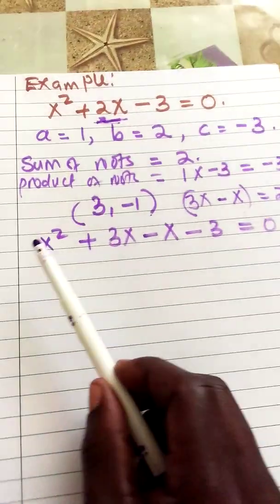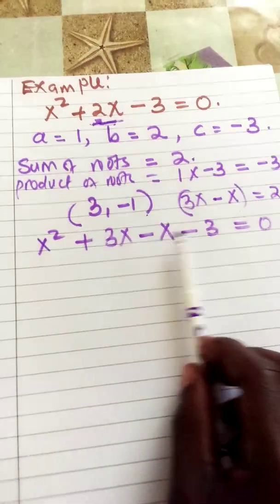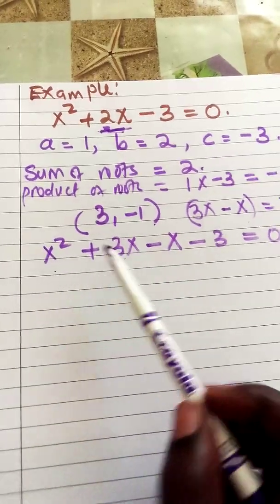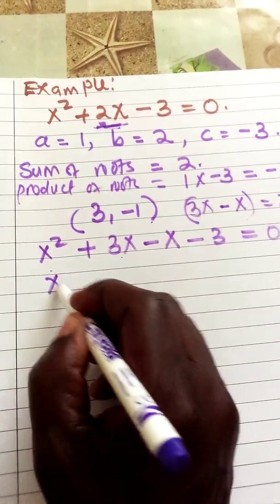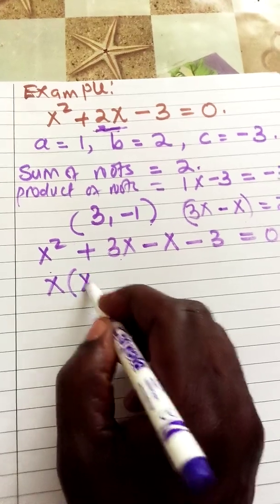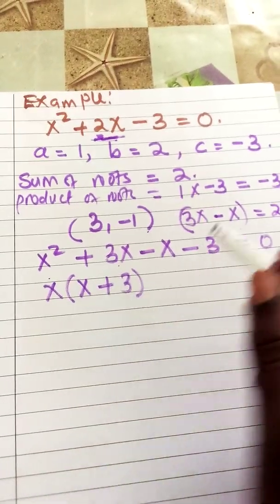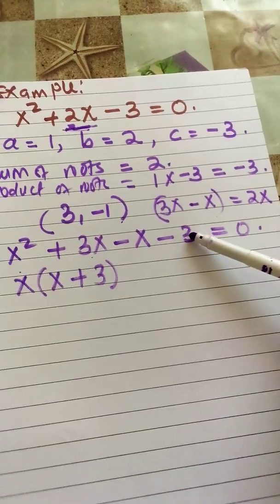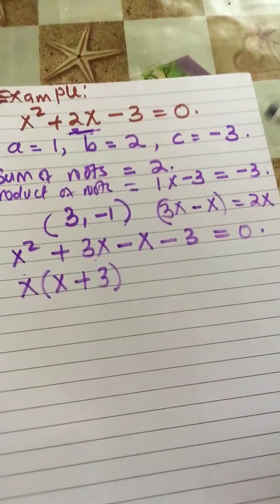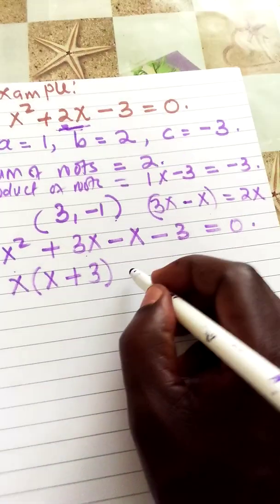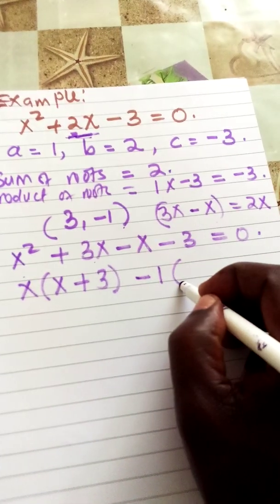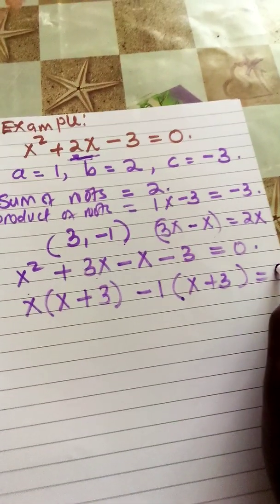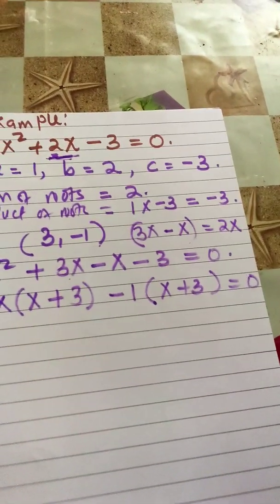So we can now pair these two, and also pair these two. If you look at x squared and 3x, what is common between these is just x, and what is left is x plus 3. Then if you look at minus x and minus 3, what is common is minus 1, so you have minus 1 times x plus 3, and that will be equal to 0.